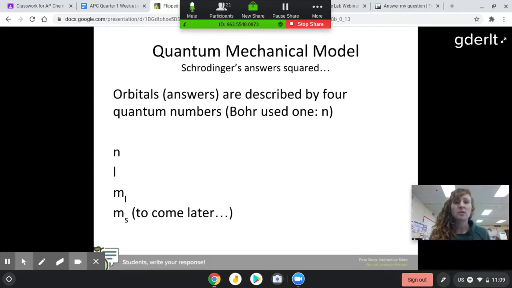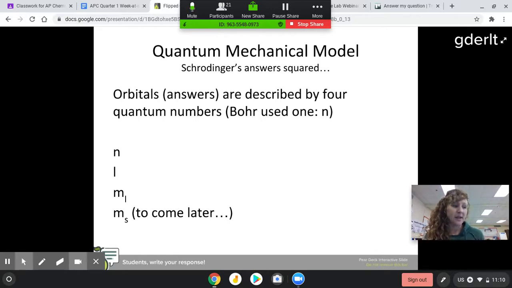Okay, what's the importance of knowing where the electrons are and how can we use that information? That's a great question. And that kind of gets back to what we were talking about in the beginning of this chapter. Why do chemists care about electrons? What does this location of the electron do?